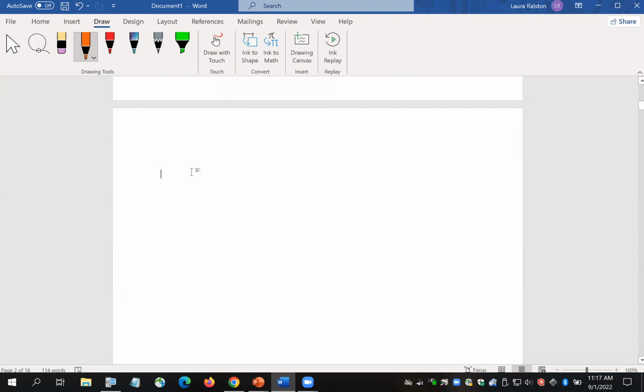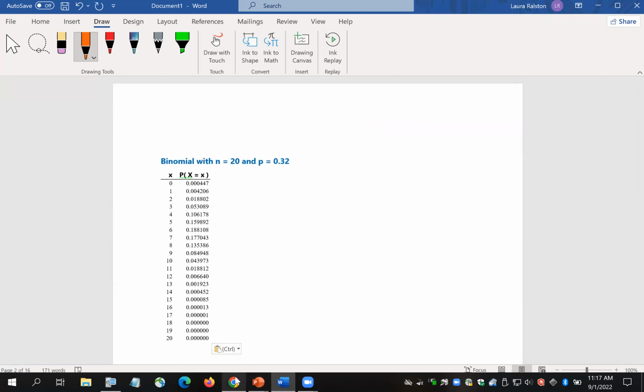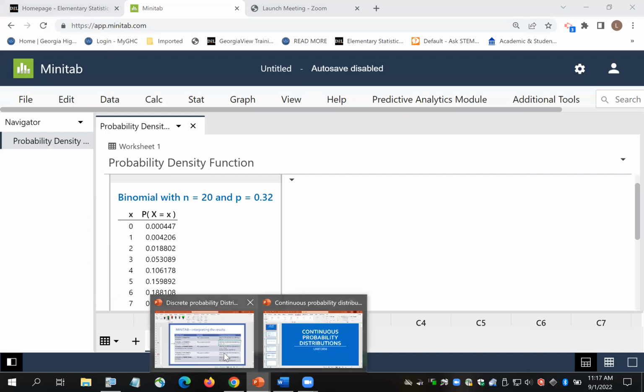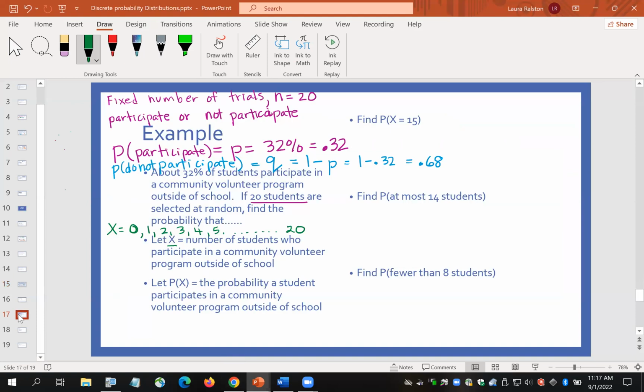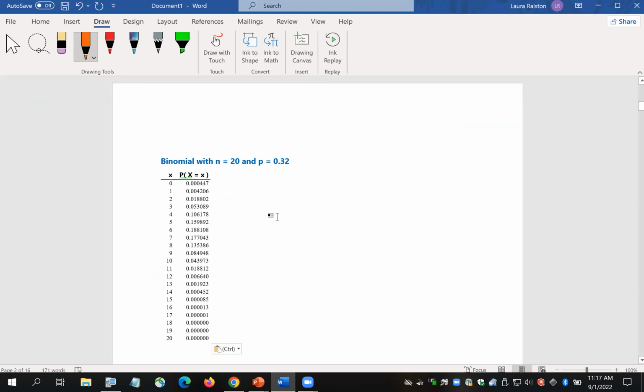Okay, let's look at the third one. Fewer than 8. Okay, so the third question asks us what's the probability that fewer than 8 students participate in the community volunteer program.